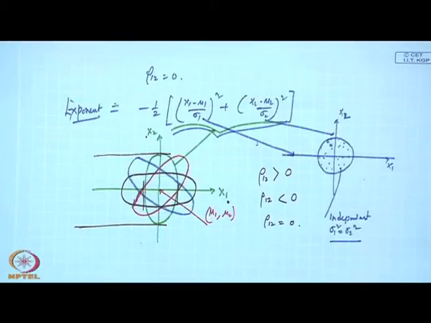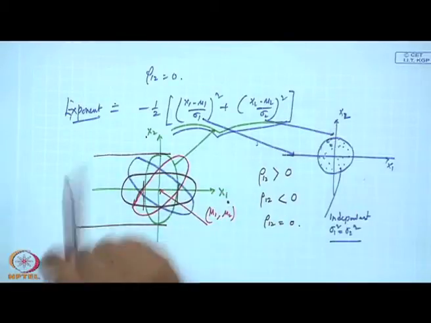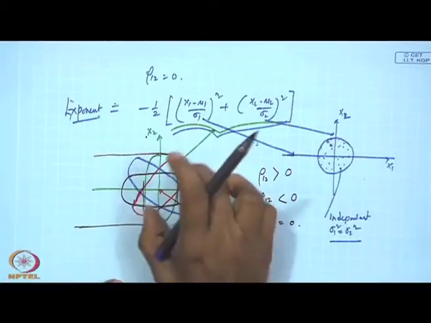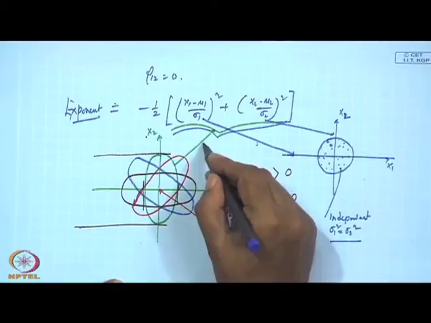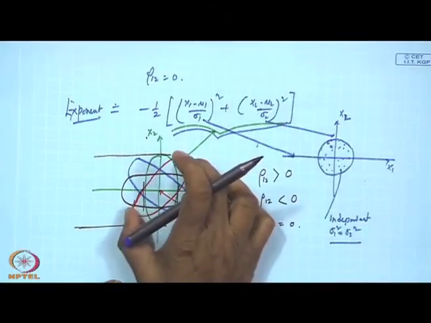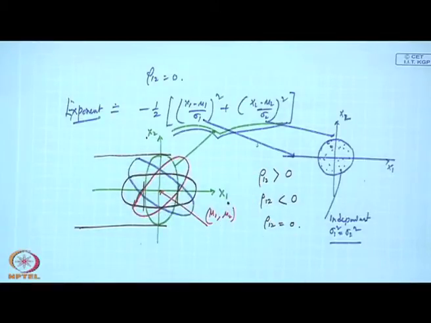Okay. How do you know this axis? I know the ellipse. What is this value? Suppose this is the, first of all the direction, second one the value. How do you know all those things?